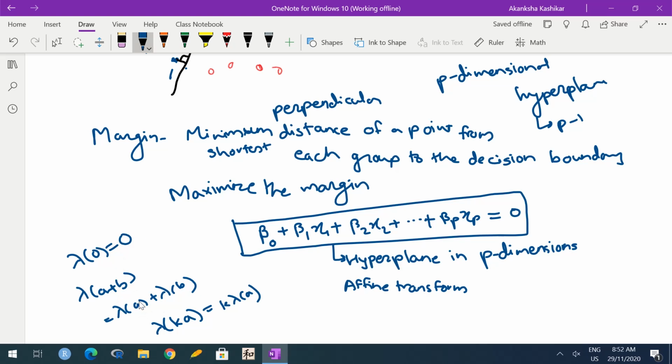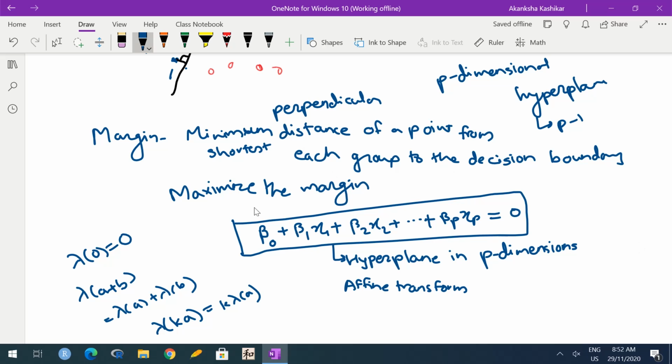Why? Because of these properties. Lambda of 0 plus 0 would be lambda 0, and that would actually become 2 times lambda 0. So this can happen only when lambda 0 is 0. Whereas here, if I substitute 0, 0, 0, I still get beta naught. So this is not a linear transform, this is an affine transform. But it does have many interesting properties.